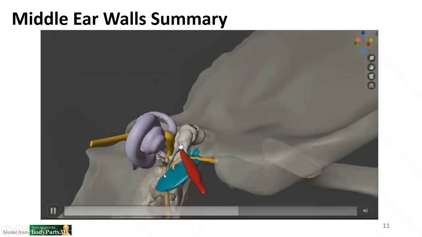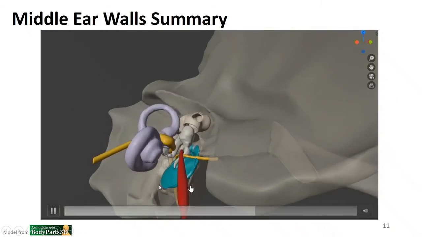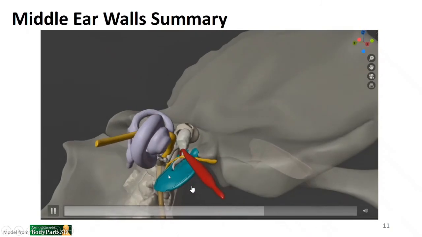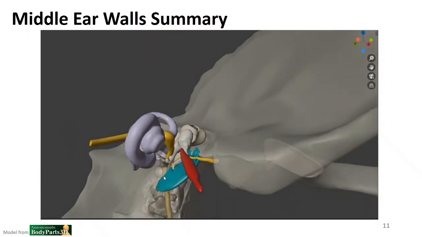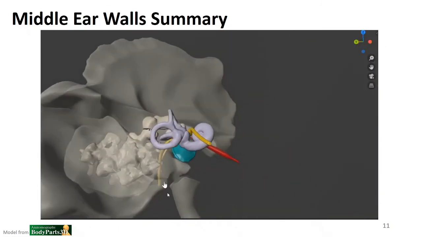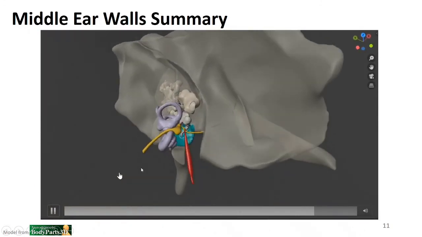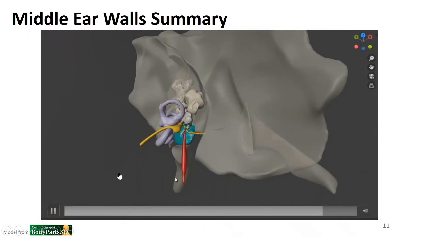There we see the malleus, and that's the mastoid antrum there. And this whole area represented back there are the mastoid air cells within the mastoid process.